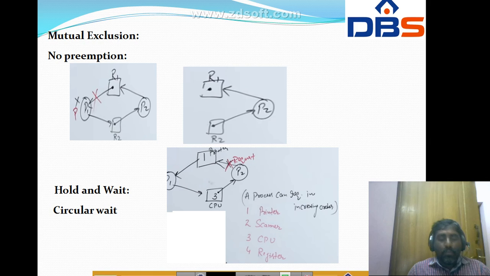In this example, process P1 requests resource 1, already given to P1. Then it requests 3, also taken. Process P2 comes and requests 3. We can give resource 3 to P2, but if P2 requests 2, we can't give, because 2 is already utilized by process P1. So we can say no circular wait. Okay, so this is the concept of circular wait.